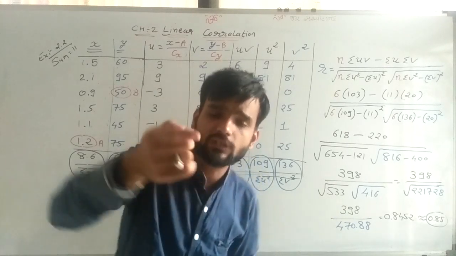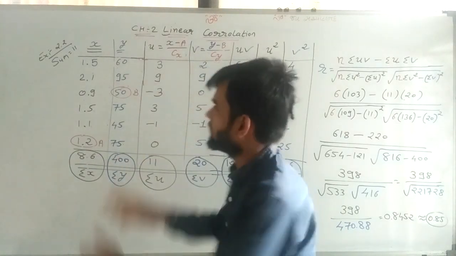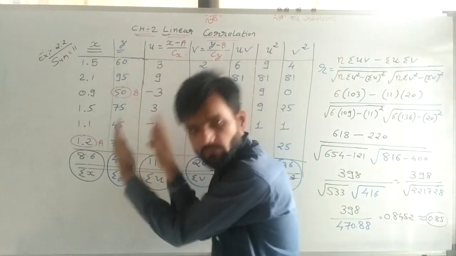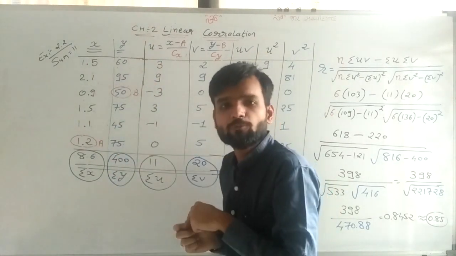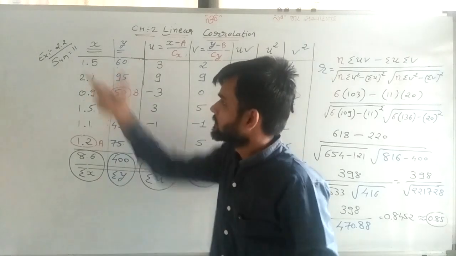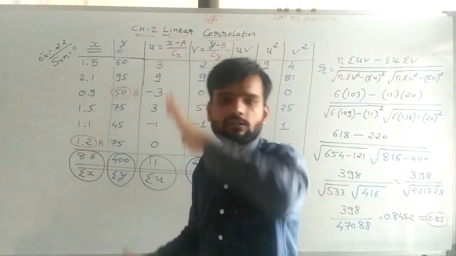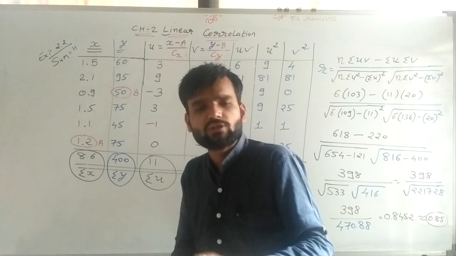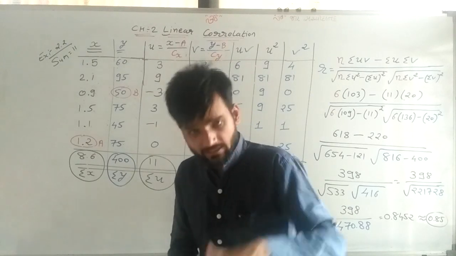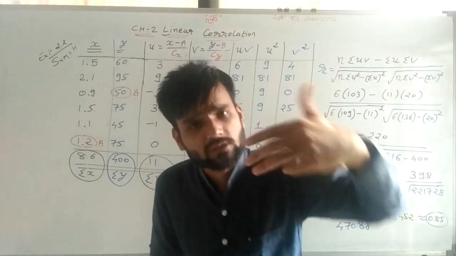Why? Because in the third formula we are converting big values into small values, and fraction values into non-fraction, natural values, and that's why calculation becomes easy.